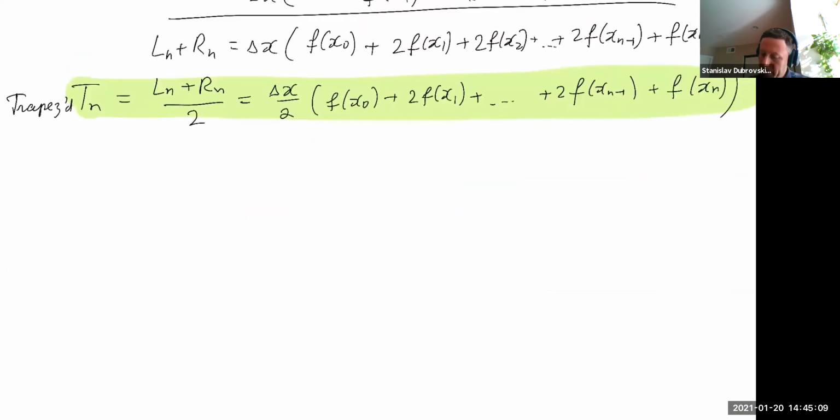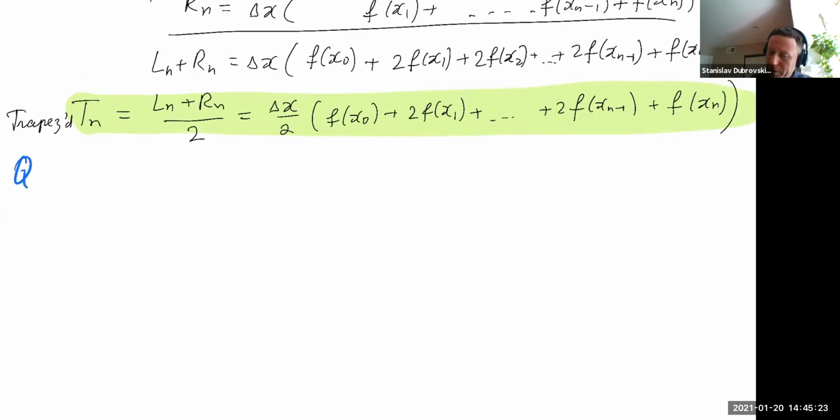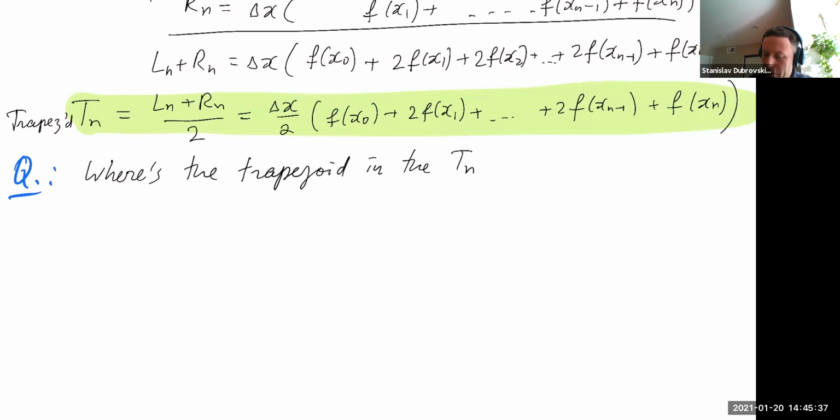But now my question for you is, which part of the trapezoid rule suggests that there is a trapezoid? So where's the trapezoid? In other words, question: where's the trapezoid in the T_n rule?